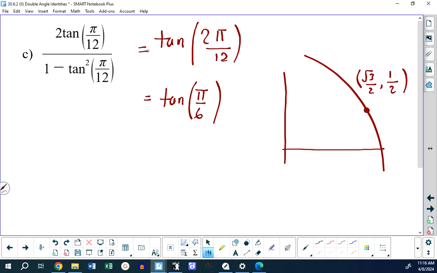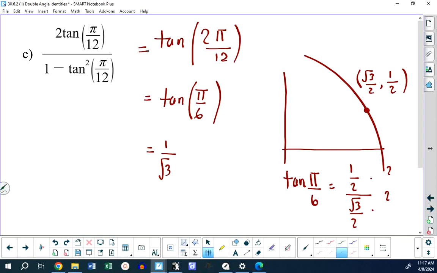But tangent of pi over 6 should be equal to 1/2 over root 3 over 2. And if I multiply the top and the bottom by 2, I get 1 over root 3. So without a calculator, we know that this should equal 1 over root 3.